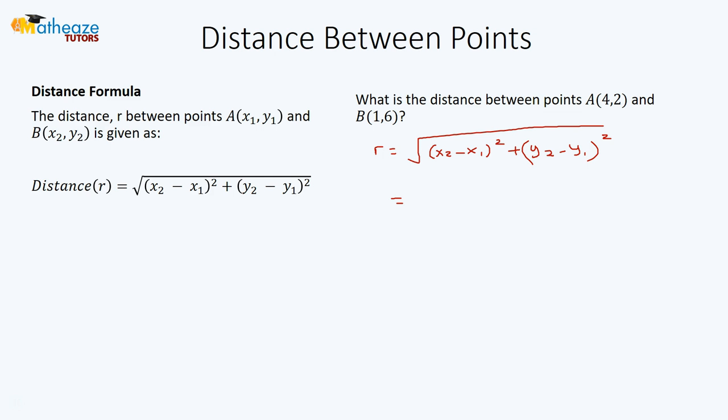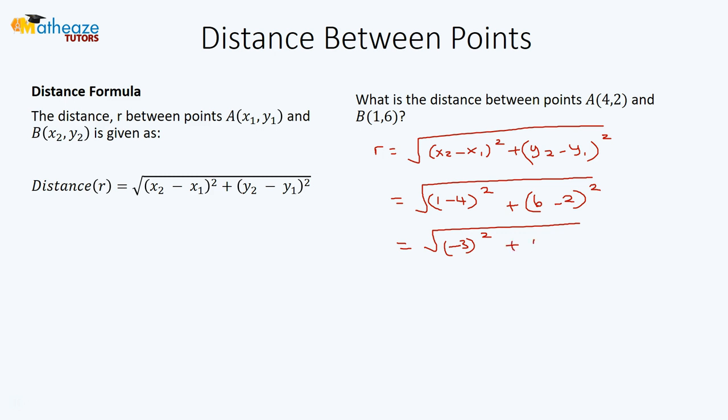I'm going to use B as the x2 and y2. So that's going to give us 1 minus 4 squared plus 6 minus 2 squared. So this is going to give us the square root of negative 3 squared plus 4 squared.